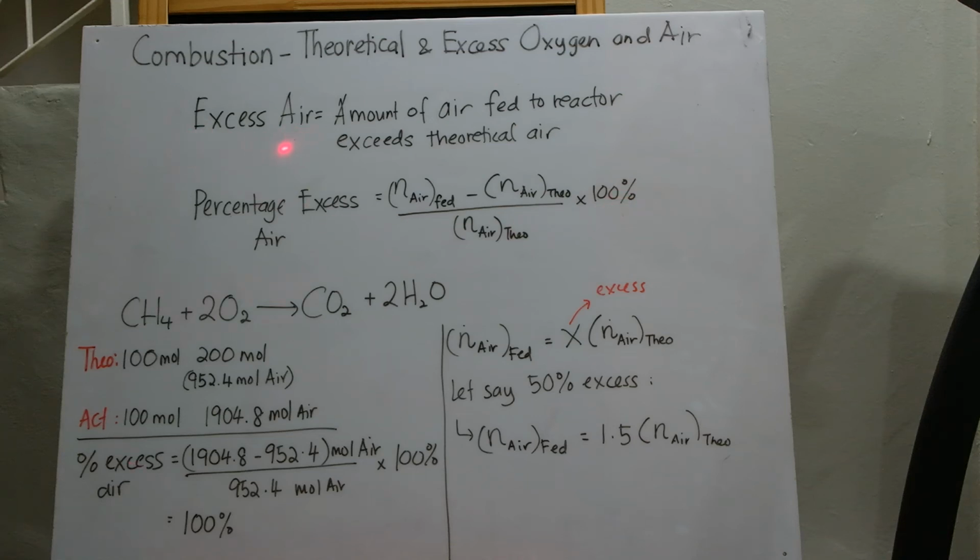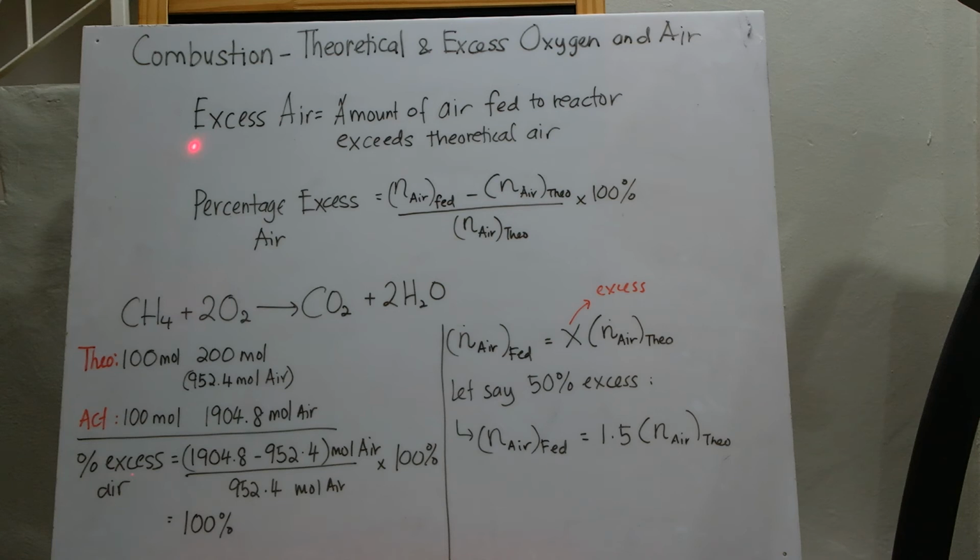This equation can also be used for oxygen by replacing air with oxygen: percentage excess of oxygen is N oxygen fed minus N oxygen theoretical, divided by N oxygen theoretical, times 100.